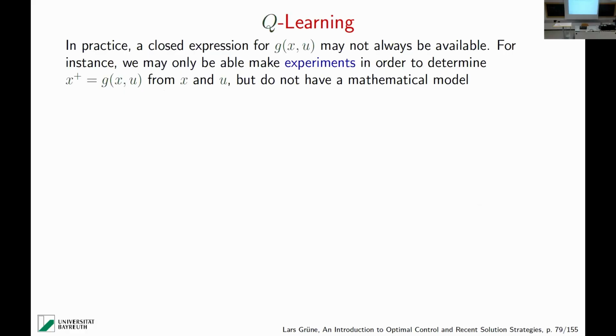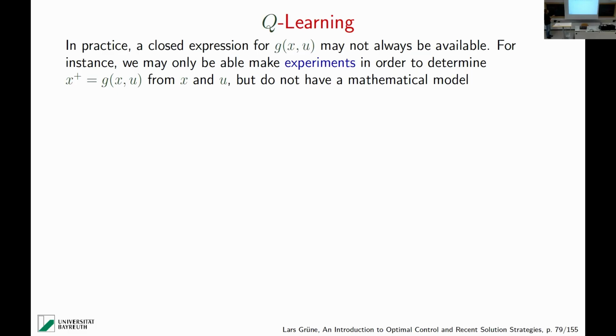There is a variant of that which is used very much, particularly in the realm of learning, and this is called Q-learning. One of the main motivations for Q-learning is that you may not always have a closed expression for this G, the map that tells you how to get from one state after one time step to the next state.